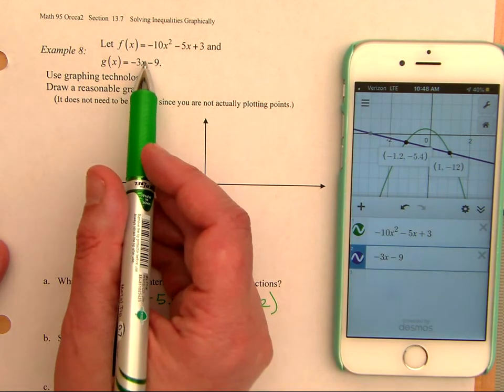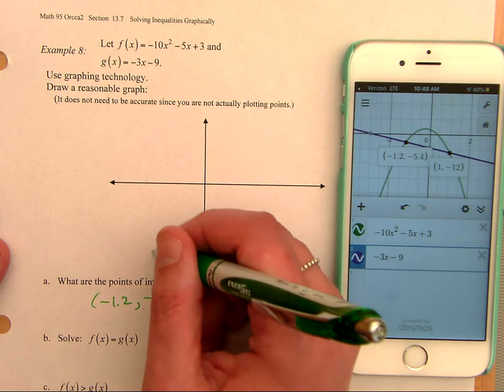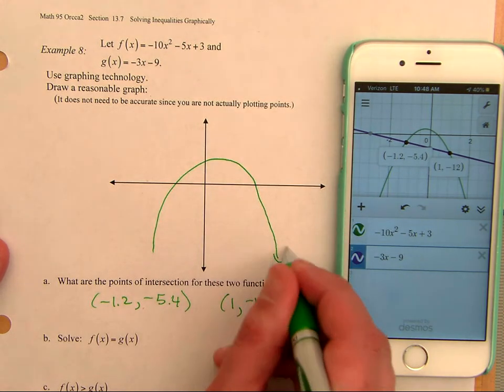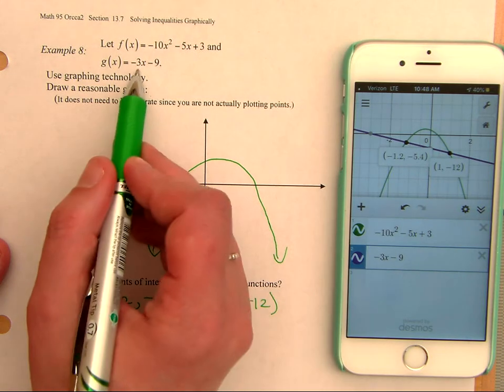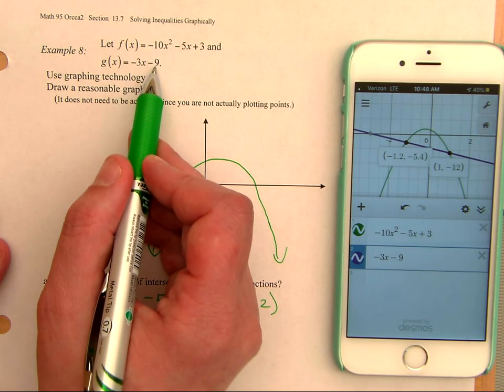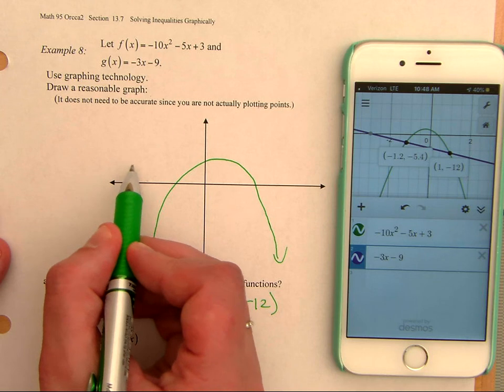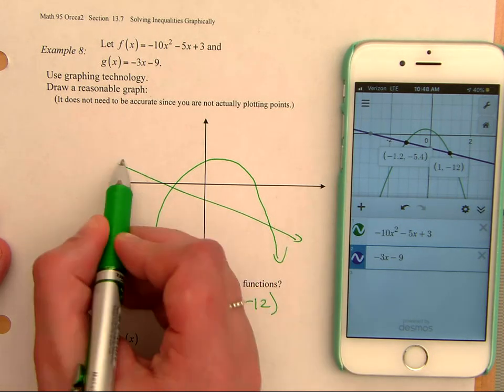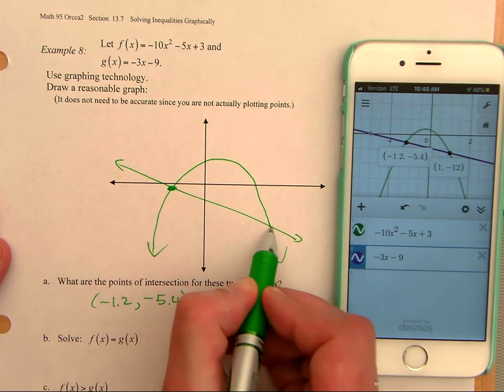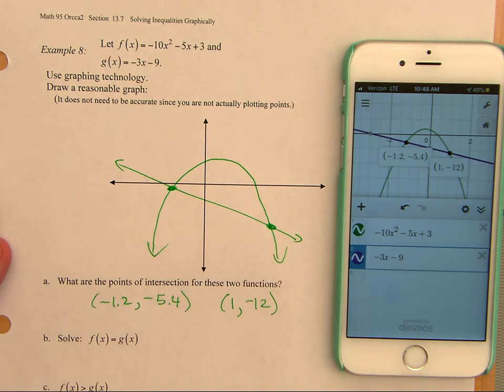So you have the parabola that opens downwards, so maybe you drew something like this. And then you have the line, which has a slope of negative 3, y-intercept of negative 12. So maybe you drew something along this line. And here are my points of intersection, right? So we're not looking for the intercepts or the vertex or any of that.